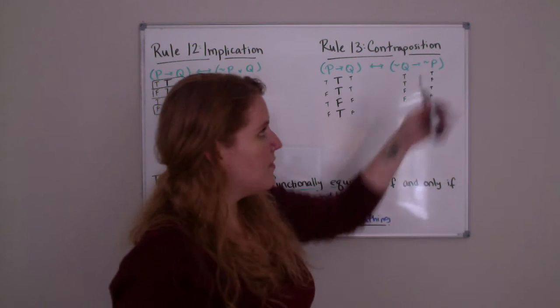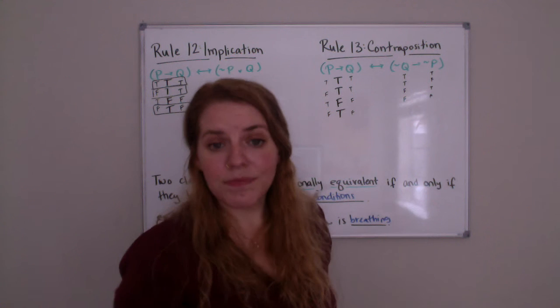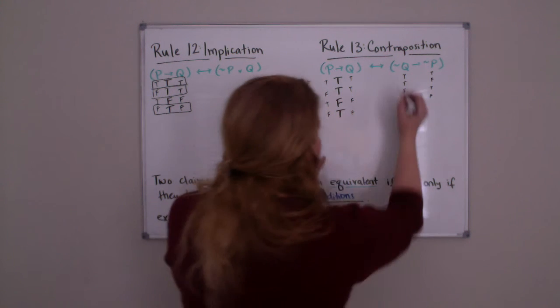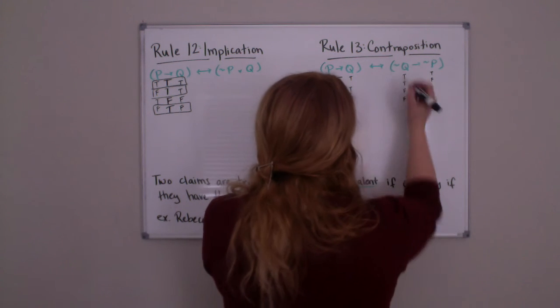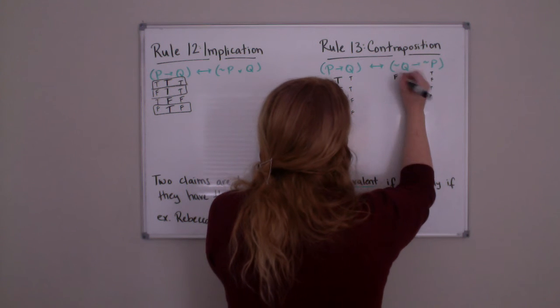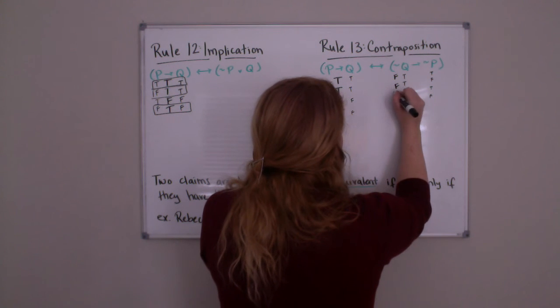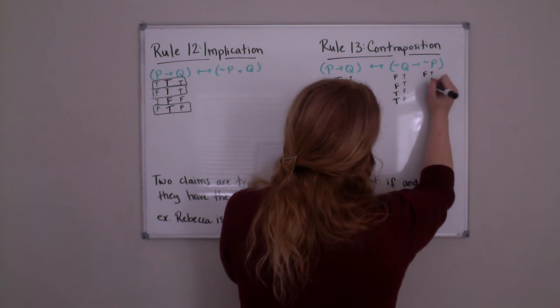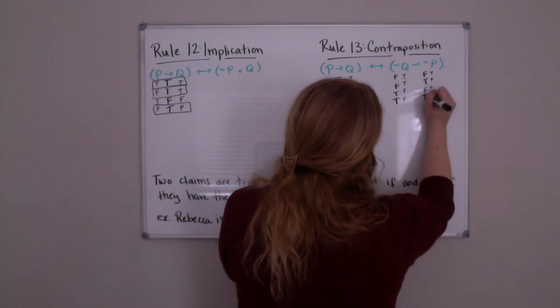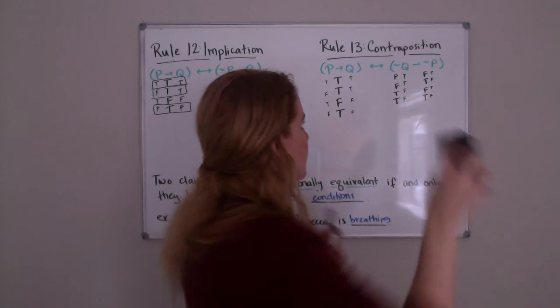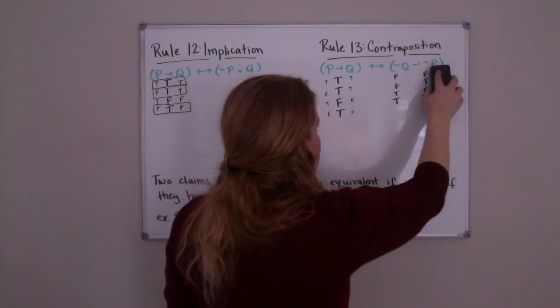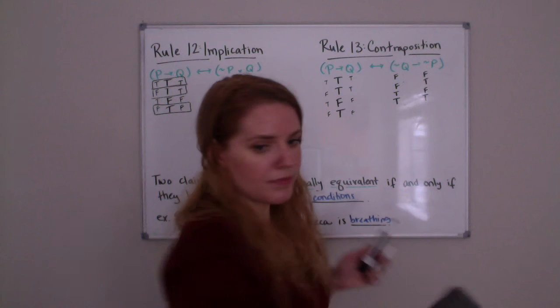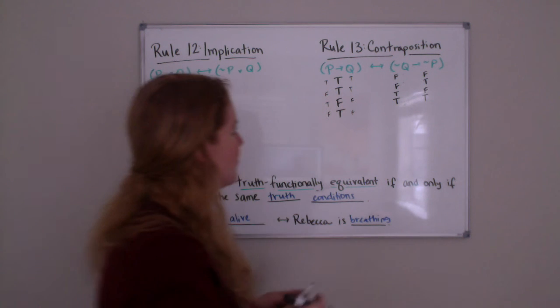Okay, so what about the values for not Q and not P? They're negation, so we just flip them. So not Q and not P, we're going to have false, false, true, true for not Q. We're going to have false, true, false, true for not P. These are the two that we're focusing on. Okay.